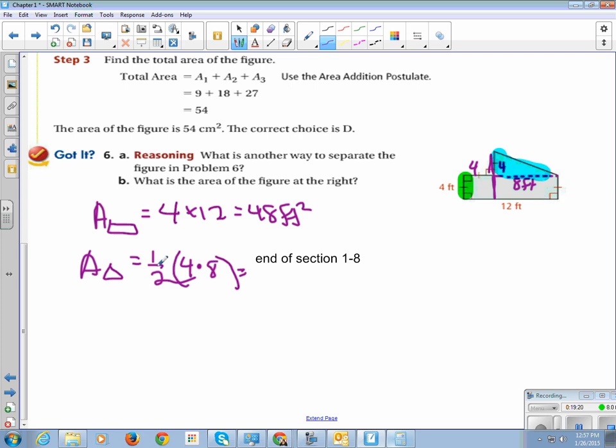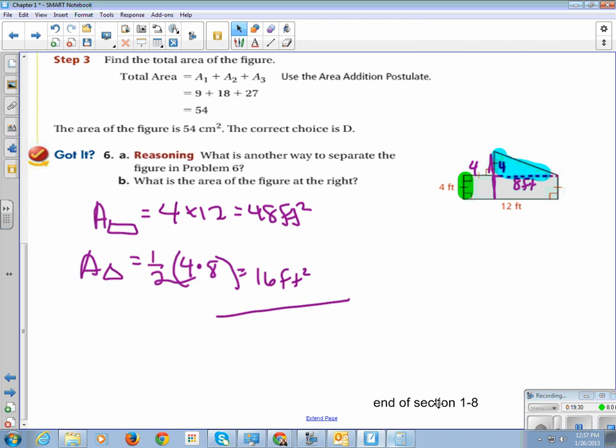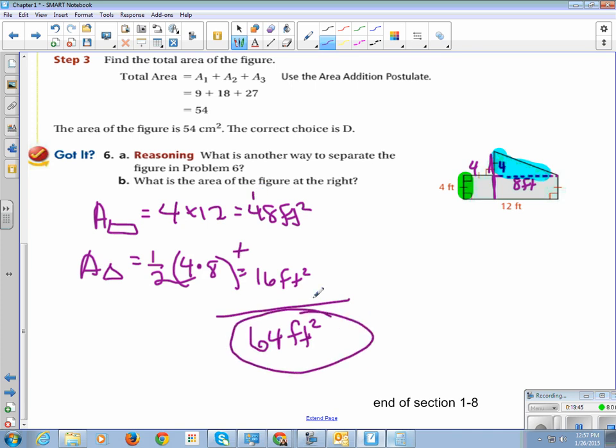Half of 32 is 16. And then the area addition postulate says we can add these two together, 48 and 16. Thankfully, the answer is in square feet. And it's 64 square feet.